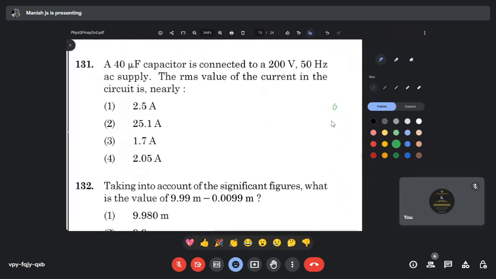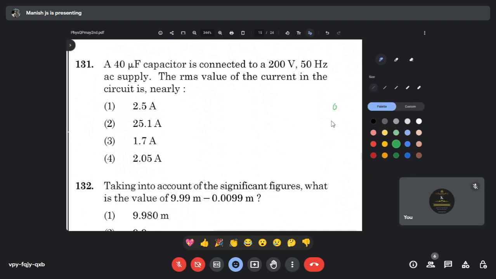Next, question number 131. Could you please read this? A 40 microfarad capacitor is connected to a 200 volt, 50 hertz AC supply.